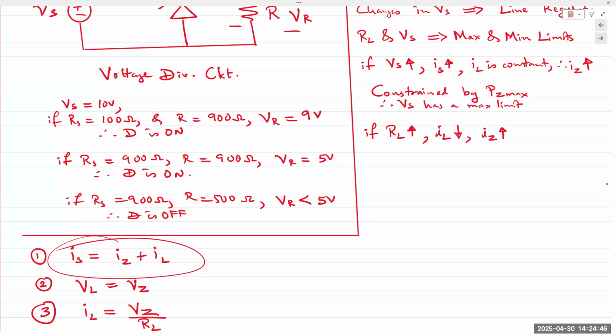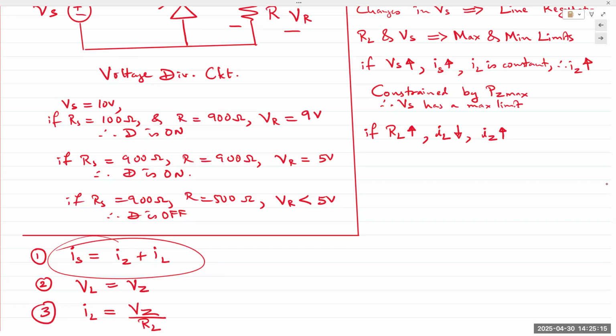Again, remember, IS is going to remain constant, right? Because RS is constant, VZ is constant, VS is constant. Now, RL is changing on the far right. RL changes, that changes IL. Any changes in IL would affect the Zener current IZ, in both the upward and the downward direction. So if RL increases, IL decreases.